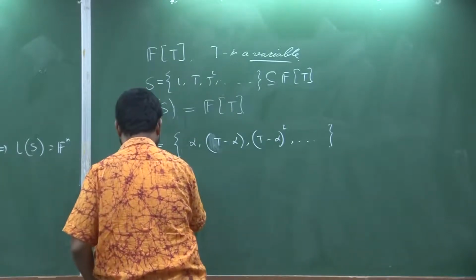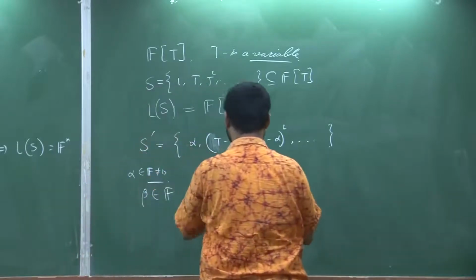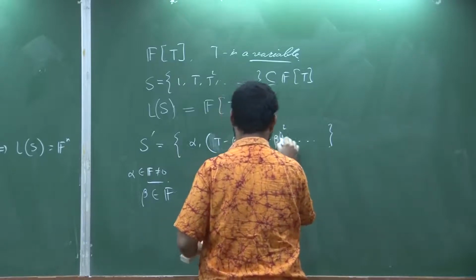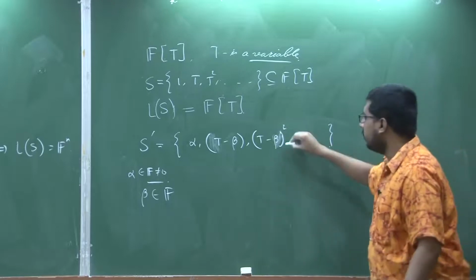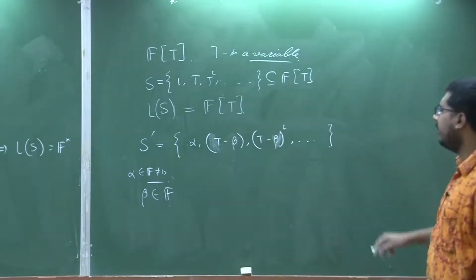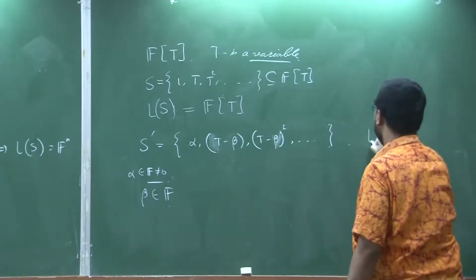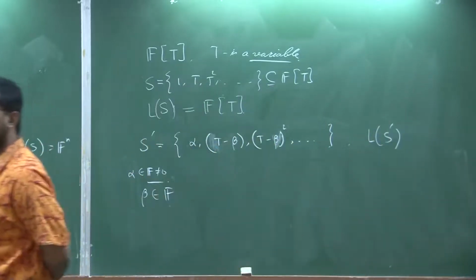And then you can choose any beta. So, you fix any non-zero alpha first and then you choose any beta, which is the more general one. Then consider S prime to be this. The question is what is the linear span of S prime.